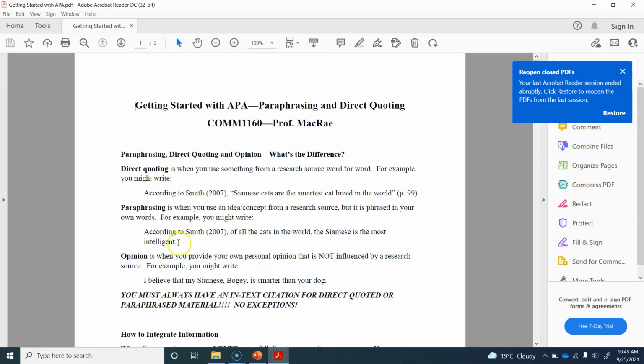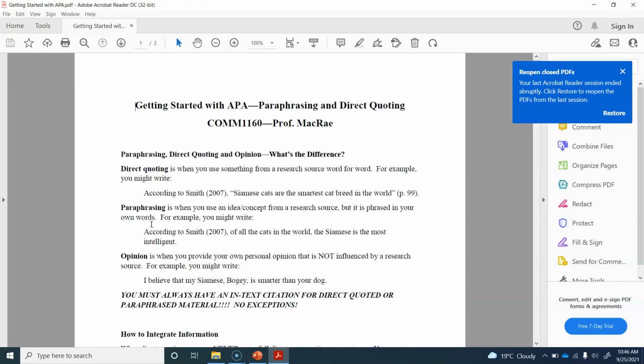What we're going to be doing more of, though, is paraphrasing. And paraphrasing is when you take an idea or a concept or some information from a research source, but you express it in your own words.